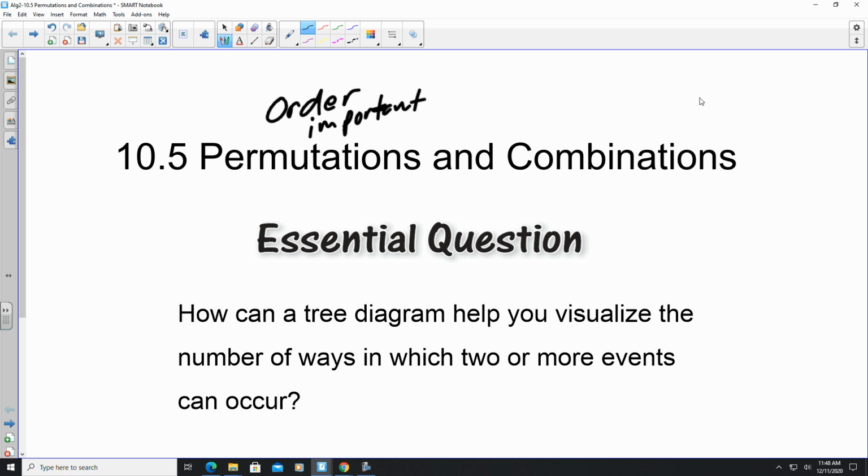Combinations are trying to find arrangements where order is not important.